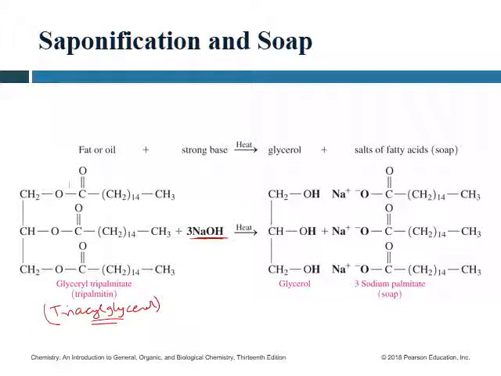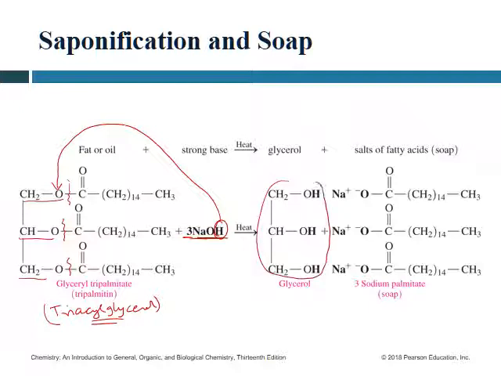This ester linkage is going to break, and the hydrogen from the sodium hydroxide is going to bind with the oxygens. You have 3 oxygens, so you need 3 times sodium hydroxide. Then you're going to make CH2OH, CHOH, CH2OH. So you're going to make glycerol.